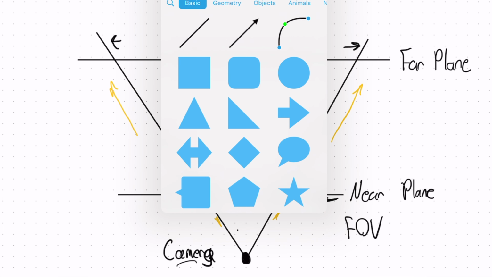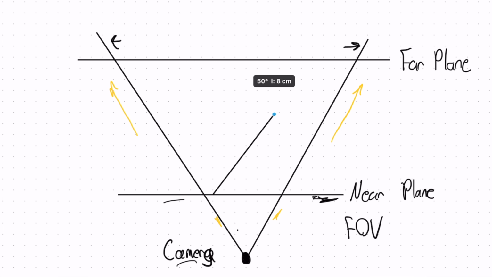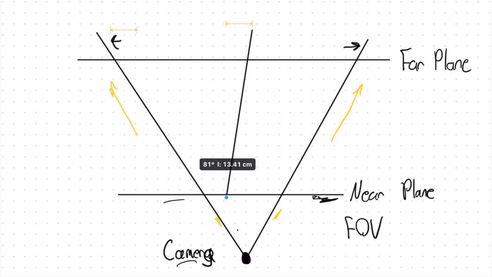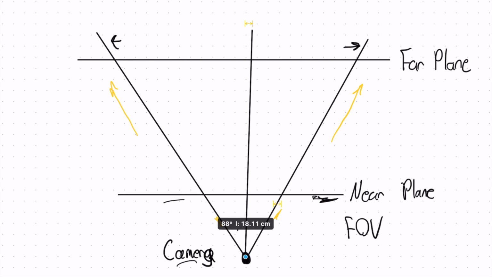Now, something interesting happens if we take this and we divide it in half. Some people will see it right away, some people won't, somewhat because of my bad drawing skills. But actually what we have here is two right angle triangles. And this distance between the left and the right part of the far plane has an angle that we can call theta.